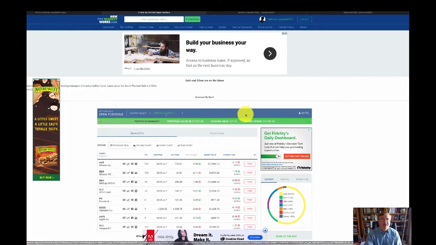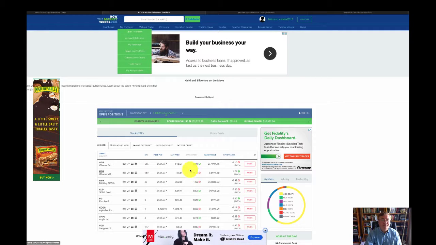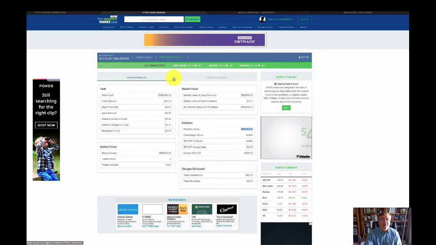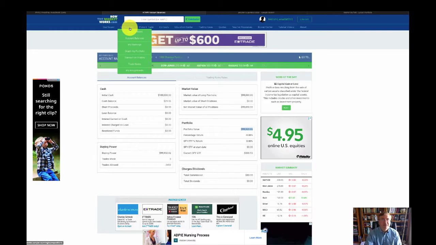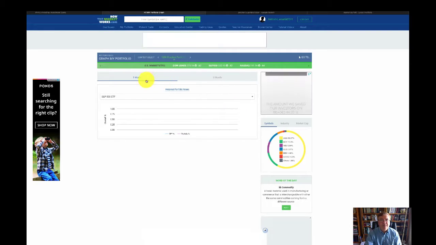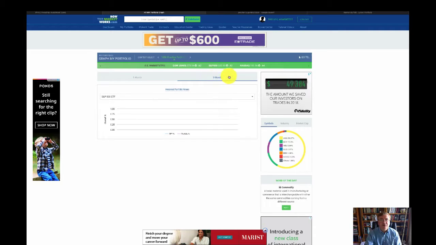So keep in mind that under my portfolio, you have the open positions here. You have the account balances. There's the portfolio value of the investment account. And you can also graph your portfolio performance, and you'll see how you're doing on a short-term as well as on a longer-term basis.